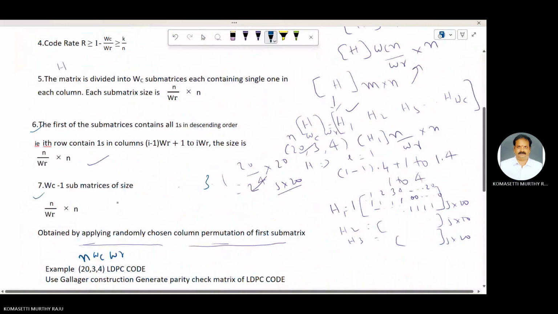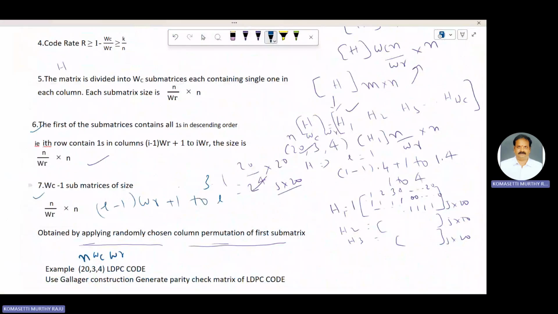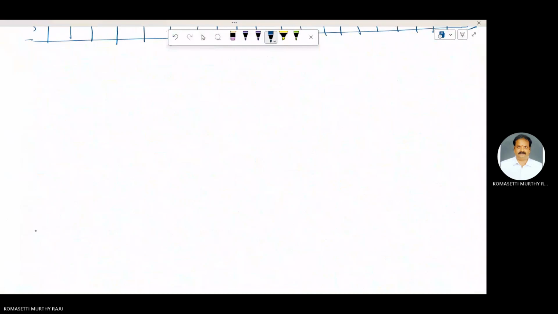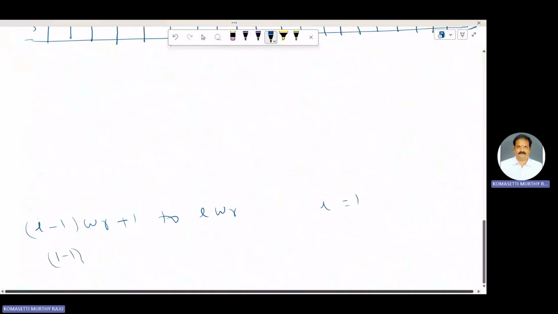First, I minus 1 into WR plus 1 to I into WR. How to print the ones: I minus 1 into WR plus 1 to I into WR. For the first row, I is equal to 1: 1 minus 1, WR is 4, plus 1 to I is equal to 1, WR is equal to 4.